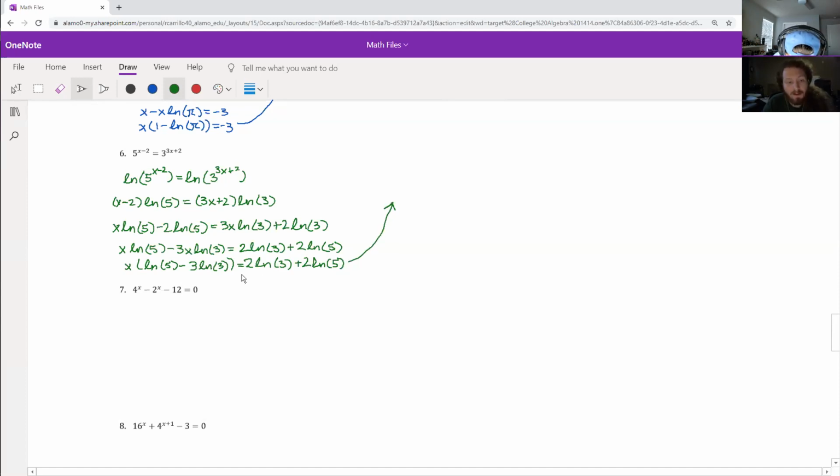So if I just take this quantity right here and divide it to the other side, our final answer will be x is equal to 2 ln 3 plus 2 ln 5 divided by ln of 5 minus 3 ln of 3.